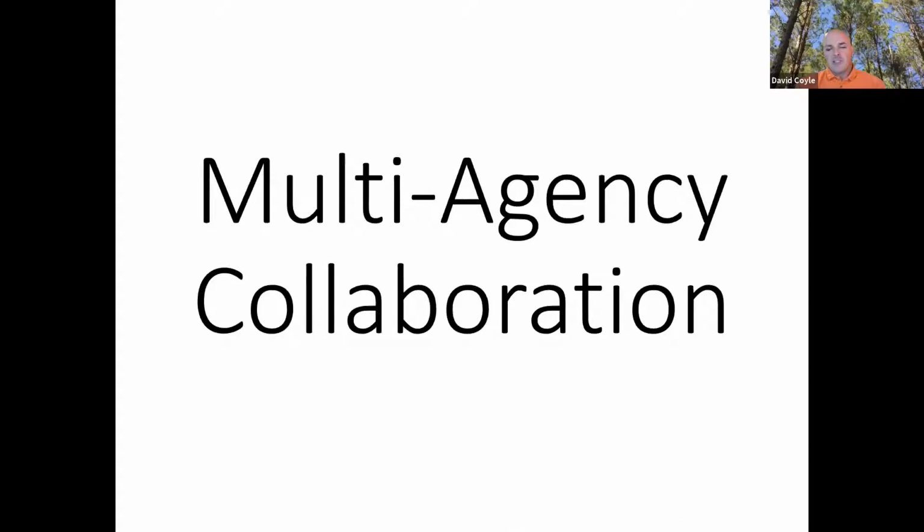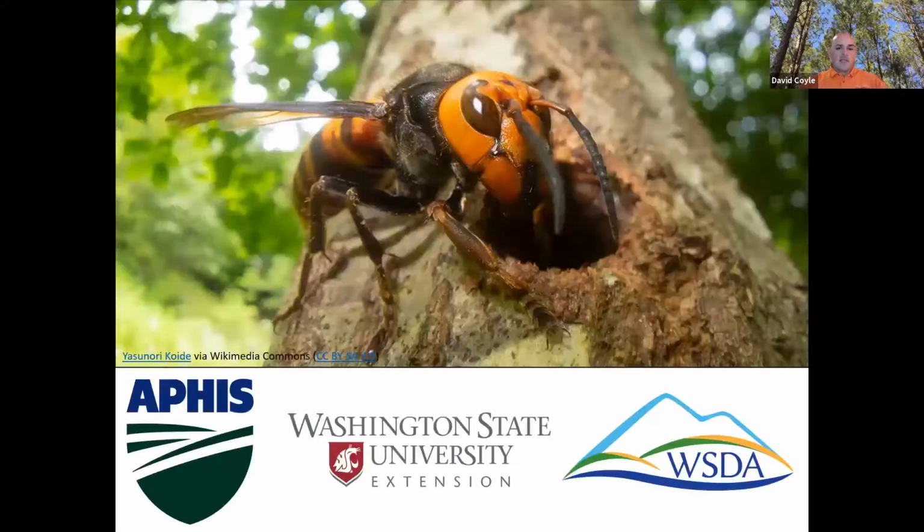And then multi-agency collaboration. That was one of the things that we wanted to talk about. And none of this stuff happens in a silo or on an island, right? A lot of activities by county agents are part of a larger program, just like a lot of activities by specialists are part of these larger programs. Take a couple here, the Asian giant hornet out in the Pacific Northwest.